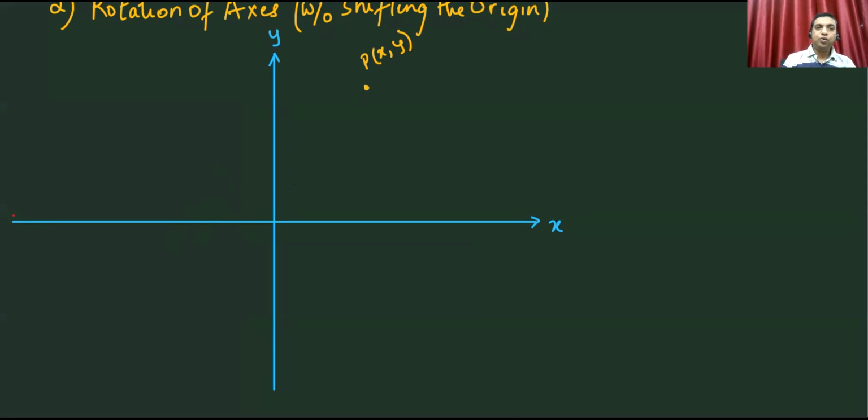Now I want to rotate the coordinate axis. So I rotate the coordinate axis about the origin without moving the origin.